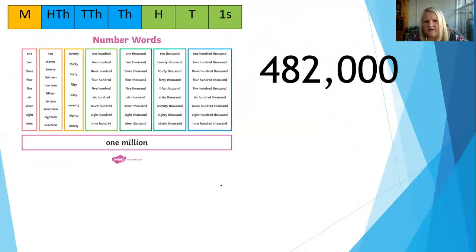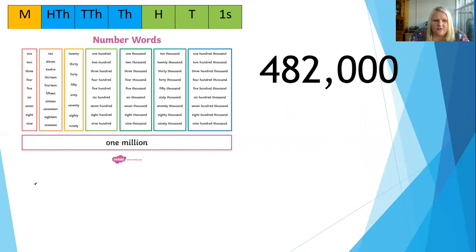All right, let's have a go. Can you write this one down in words on your piece of paper in front of you? Pause the video if you want to. I'm going to give you a few seconds to give it a go. Okay, pause if you need a bit more time. All right, let's go through it. So, reading this number together, 482, there's nothing here, so 482, got 3 place value holders, 482,000.